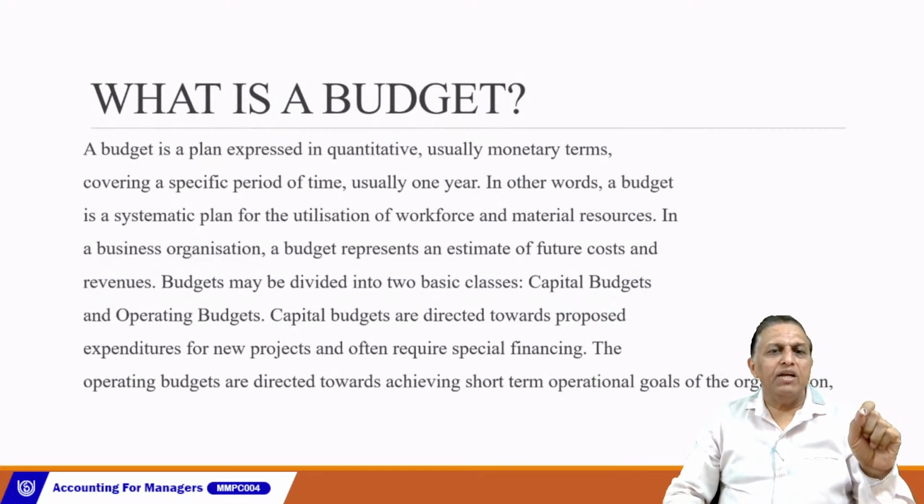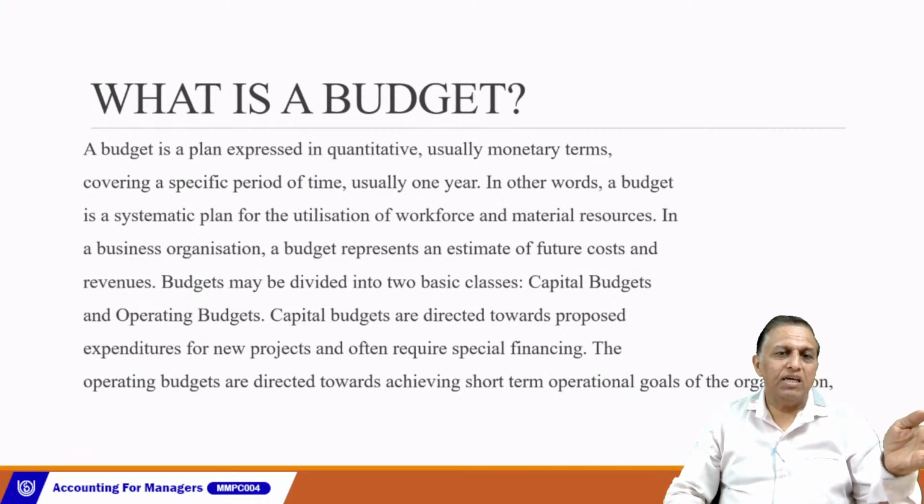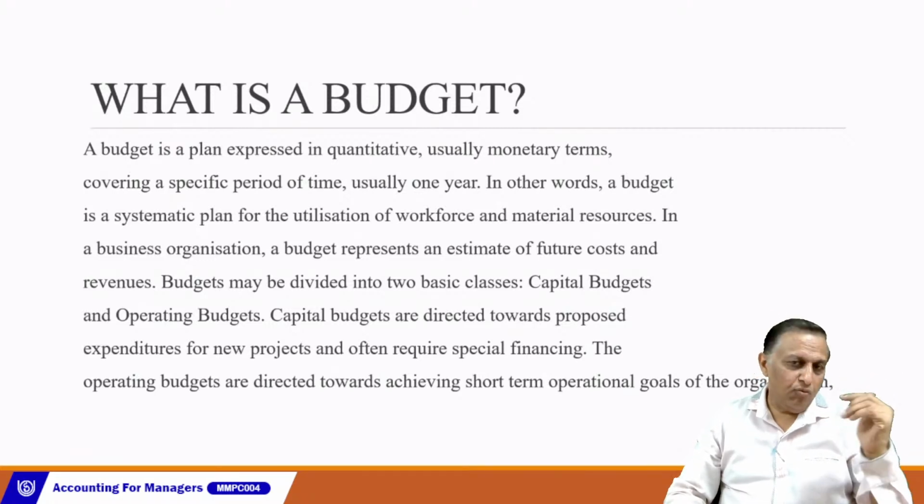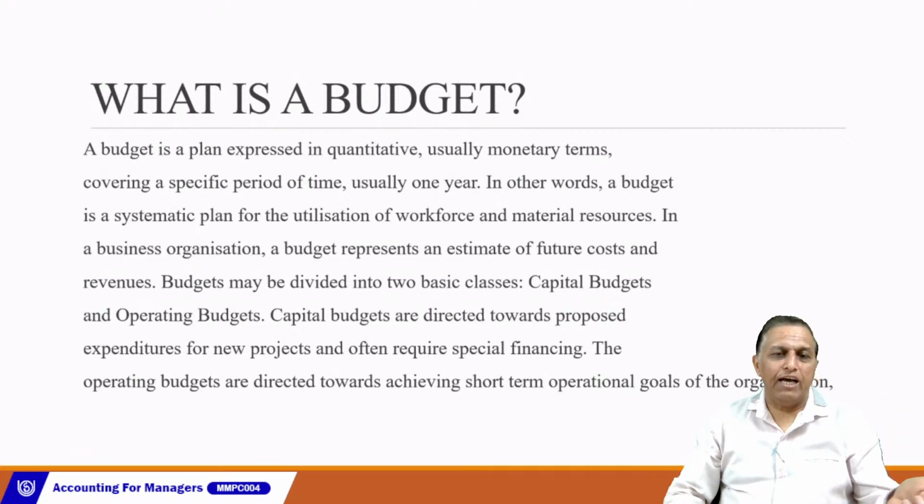Covering a specific period of time, say the accounting year, one full year, usually 1 year. In other words, if you are a continuing organization, 1 year; but if it is the first year and you have started in May, definitely this year's budget would be of 11 months.